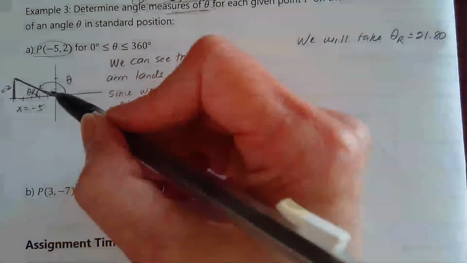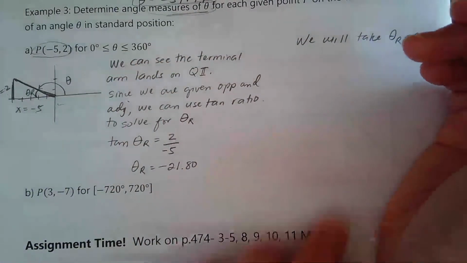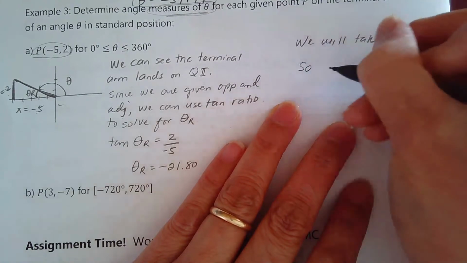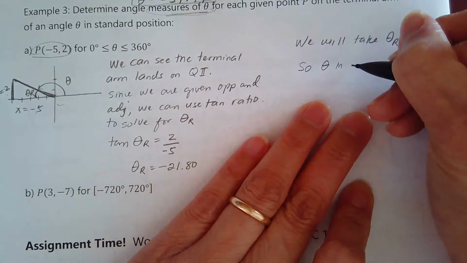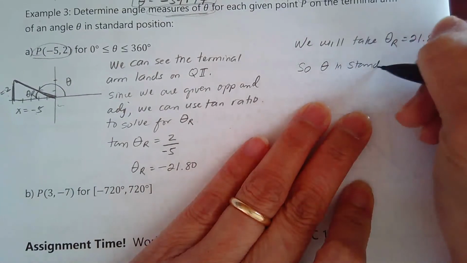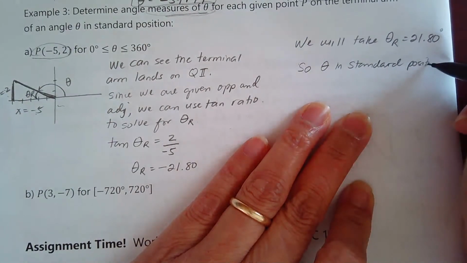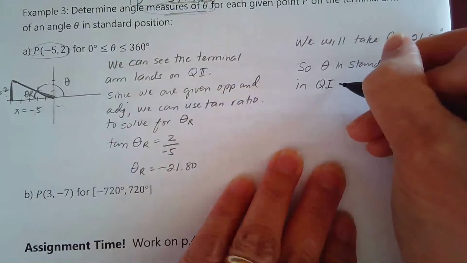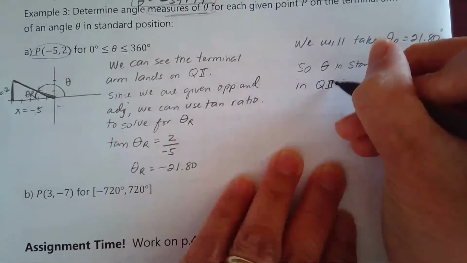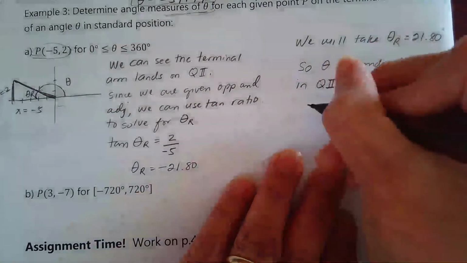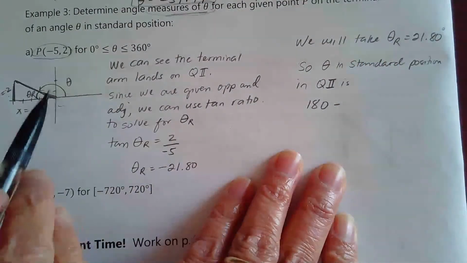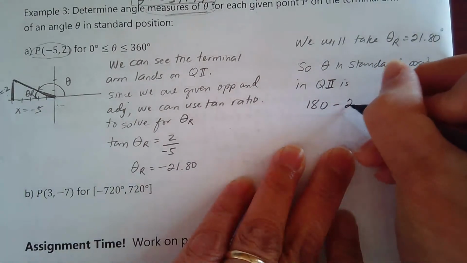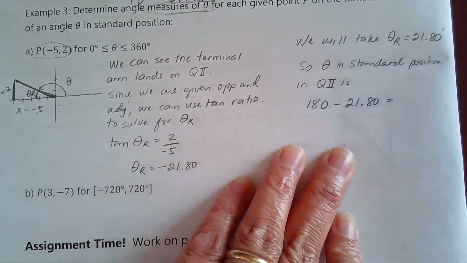Okay, so how big is the angle in standard position? So theta in standard position, in quadrant 2, is 180, so going all the way and then subtracting the reference angle.